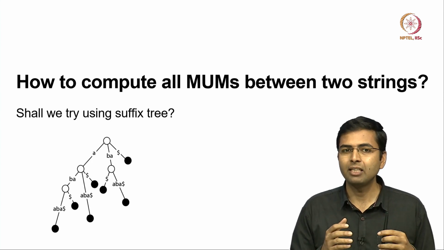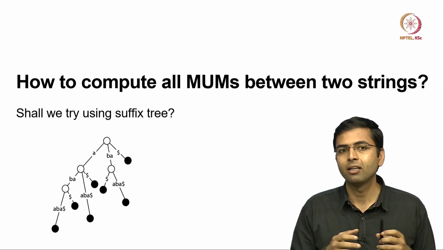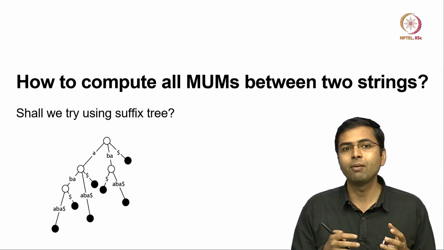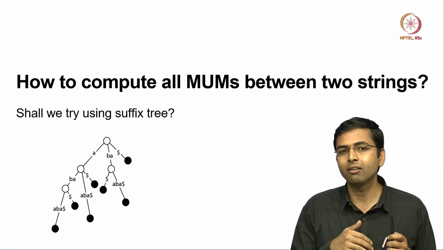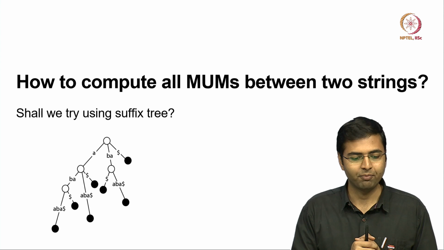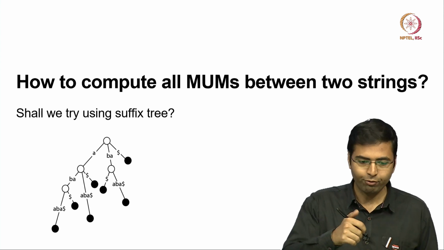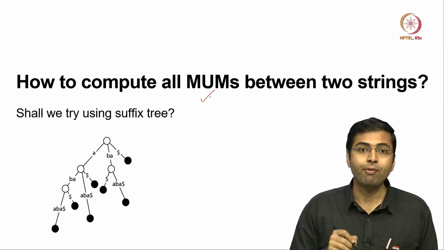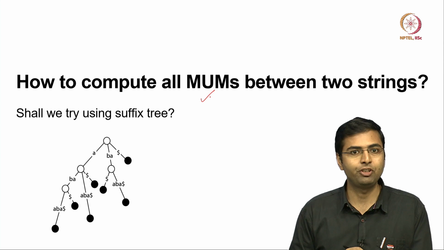We have seen some problems that look very complicated in the beginning, but with suffix trees we always come up with a very elegant and fast solution. And for this problem as well, we can find an efficient solution using the suffix tree data structure.